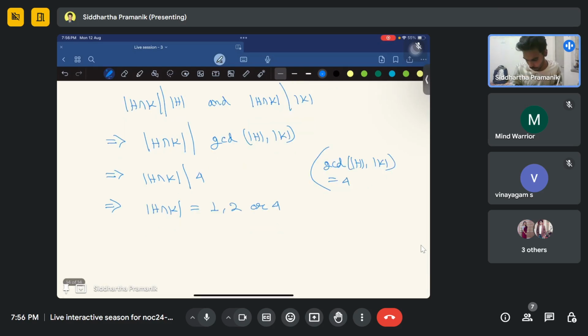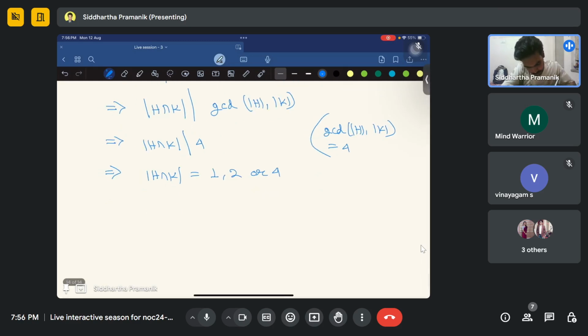Now if you recall the lectures, we have seen every group of order less than or equal to 5 is abelian. So whatever the order of H intersection K, it should be abelian.